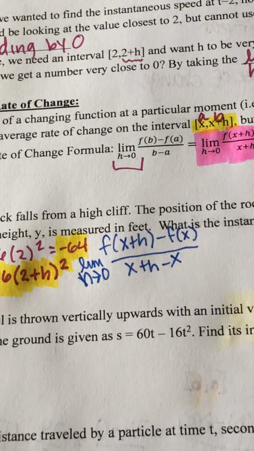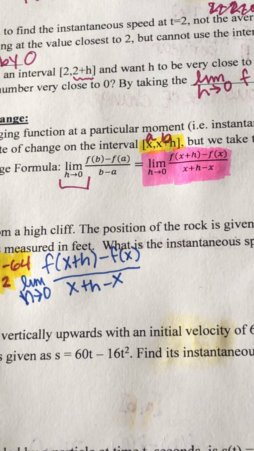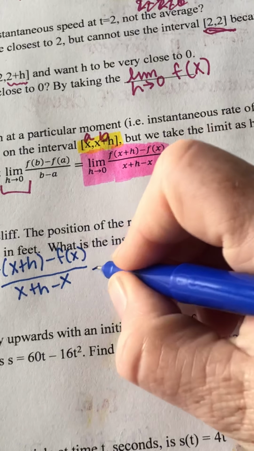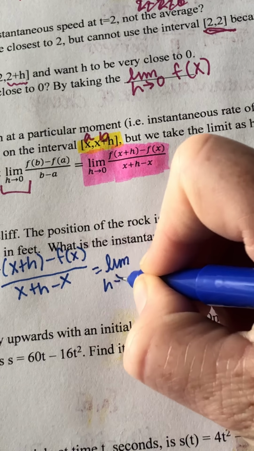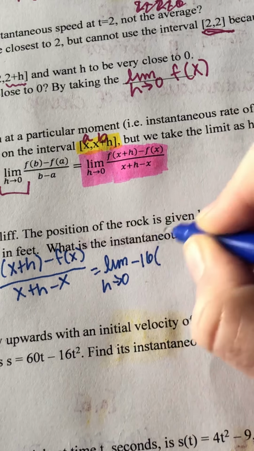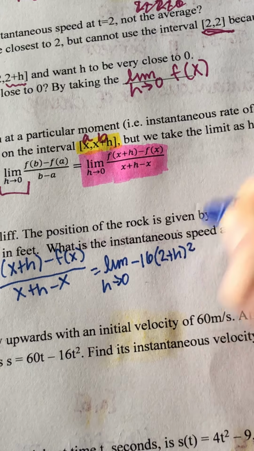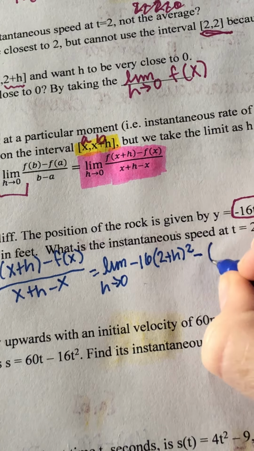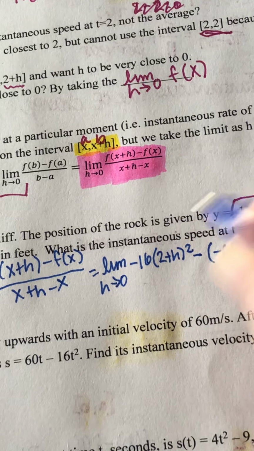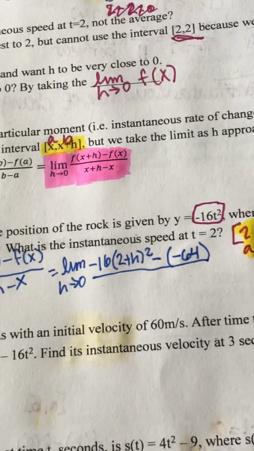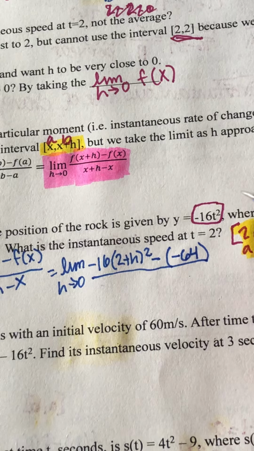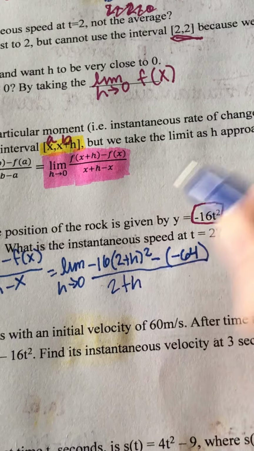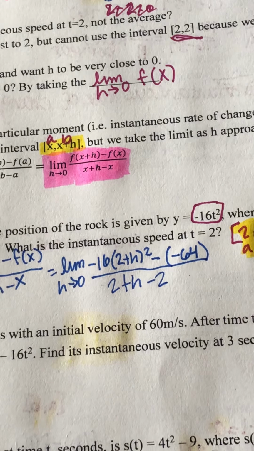We can just go ahead and plug it in. f of x plus h we just found was right here. So I'm going to write limit as h approaches 0 of negative 16 times 2 plus h squared, and then minus f of x, which was negative 64. Make sure you keep those signs together. And then all over x plus h minus x, so 2 plus h minus 2, which obviously ends up just being h.